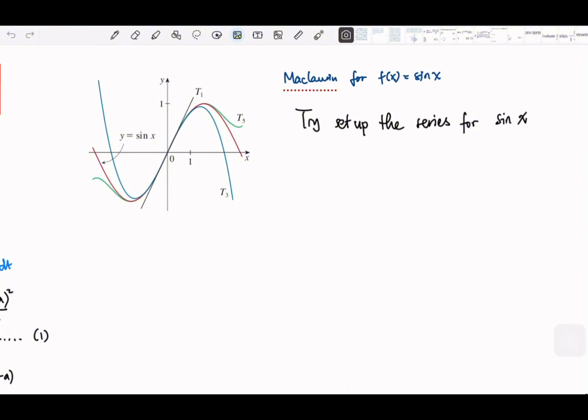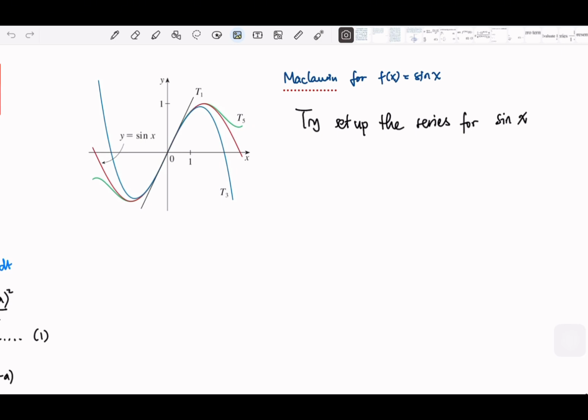Because in sine x, if we try to build up the Maclaurin series, we are going to see that the odd numbers are the necessary, important numbers. Okay, so I will give you an example.